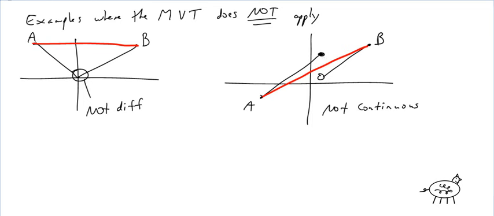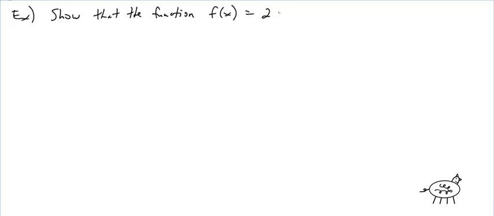All right. Let's do an example now using the mean value theorem. Show that the function f of x equals 2x cubed plus 4x on the interval -2, 1.